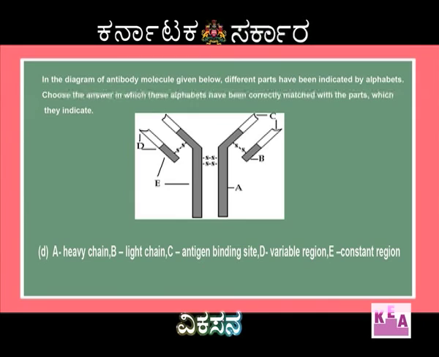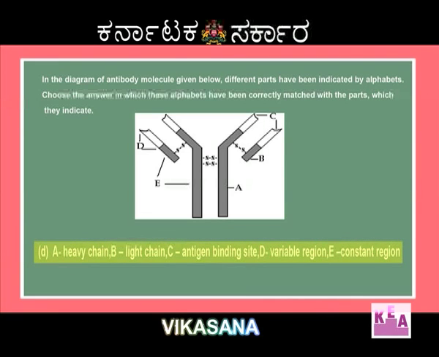On the basis of this, when you look into the labeled parts D and E, the D part which is found at the divergent end represents the variable region, whereas E represents the constant region having the same amino acids. So, option D is matching here, that is A heavy chain, B light chain, C antigen binding site, D variable region, E constant region.